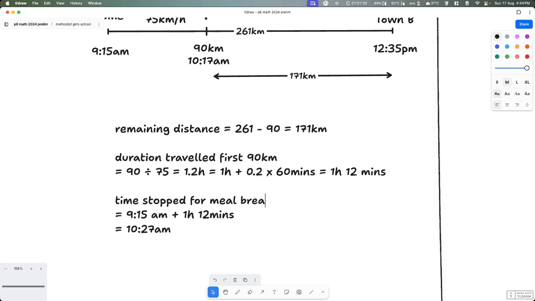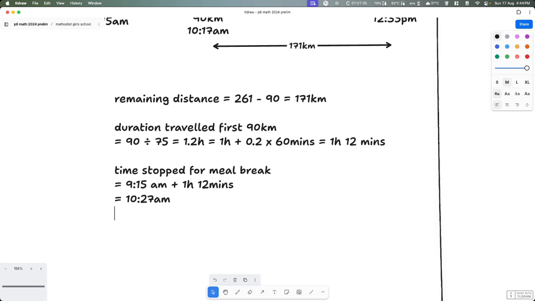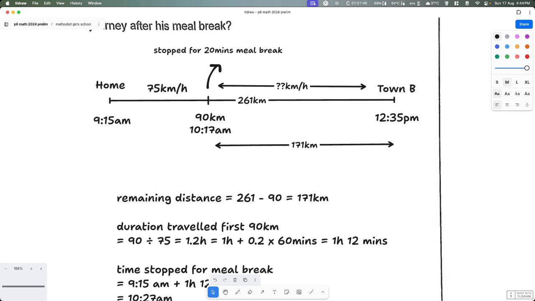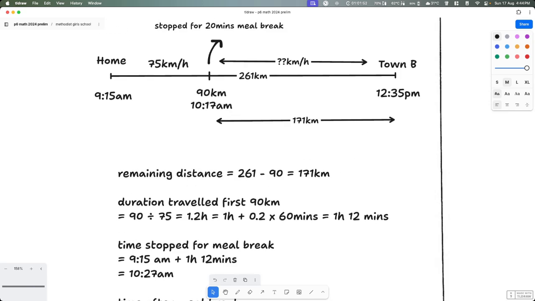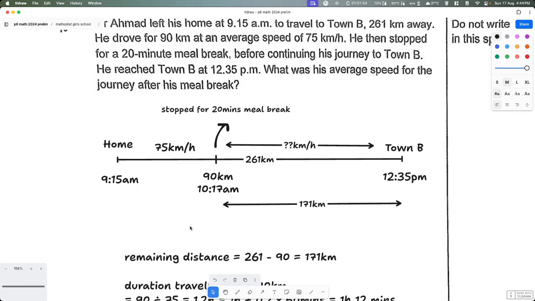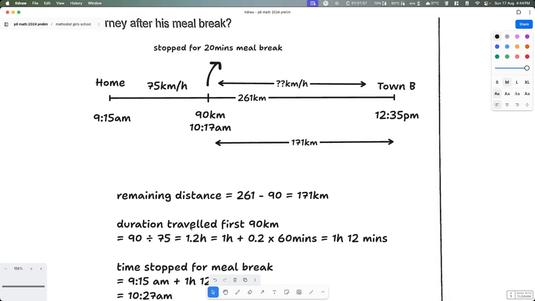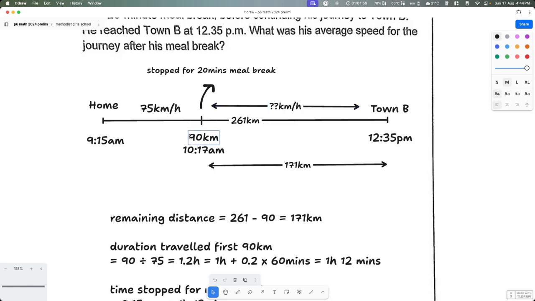So the time after the meal break is 10:27 a.m. plus 20 minutes, which is equal to 10:47 a.m. With that said, what is the time that he traveled?